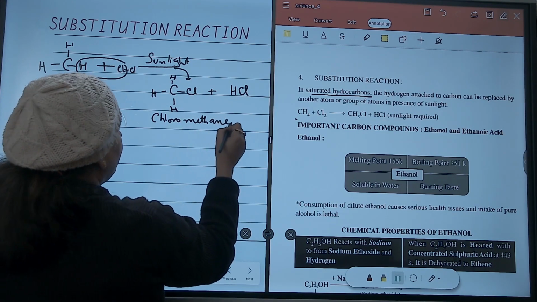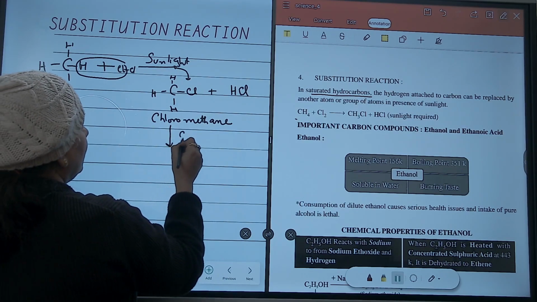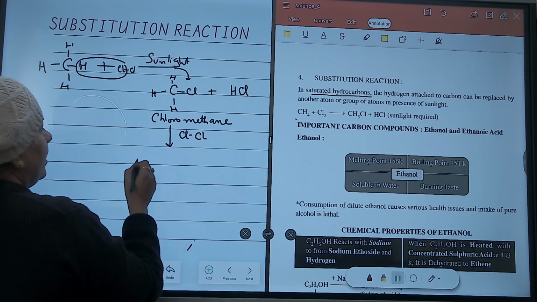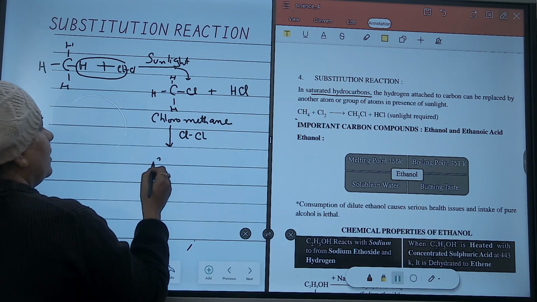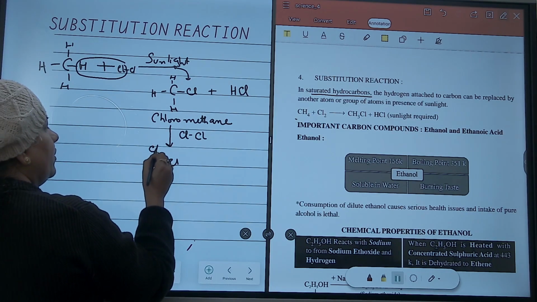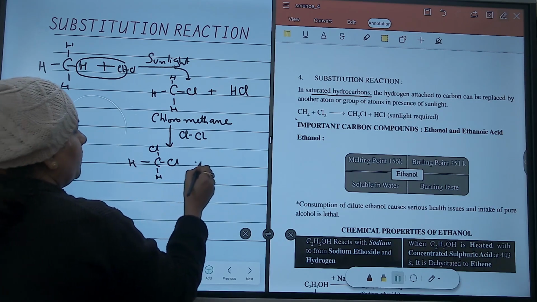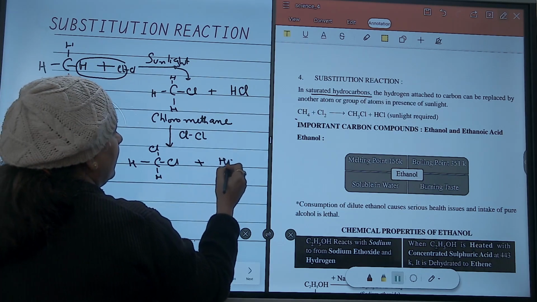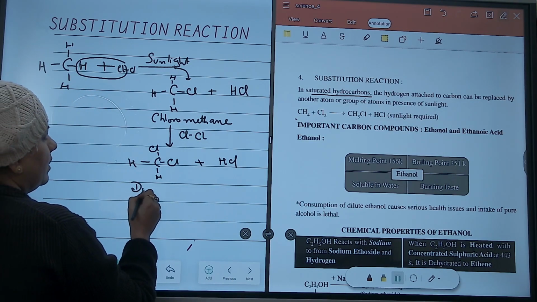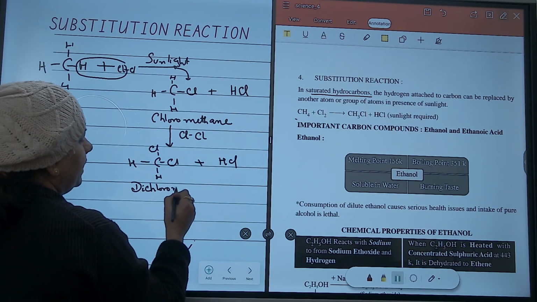The reaction doesn't stop here, it will proceed further. The next atom of chlorine will come and another product is formed. One more hydrogen atom will be replaced by Cl. Again you have HCl. So this is dichloromethane.